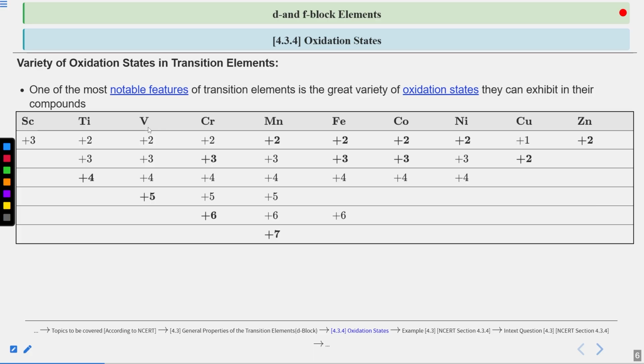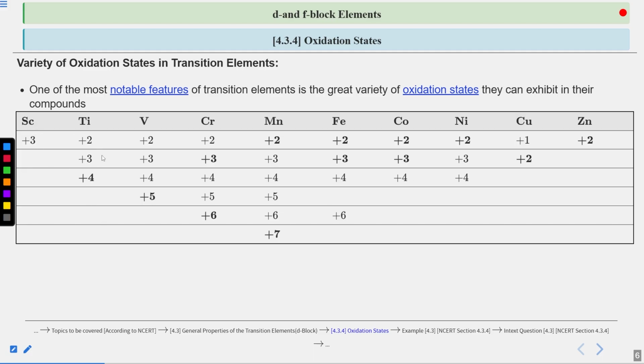You can see this table where we have given the first series, that is the 3d series, from scandium to zinc: scandium, titanium, vanadium, chromium, manganese, iron, cobalt, nickel, copper, zinc, and their respective oxidation states.